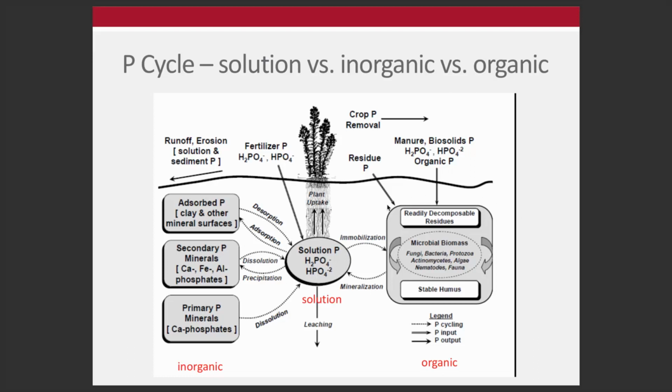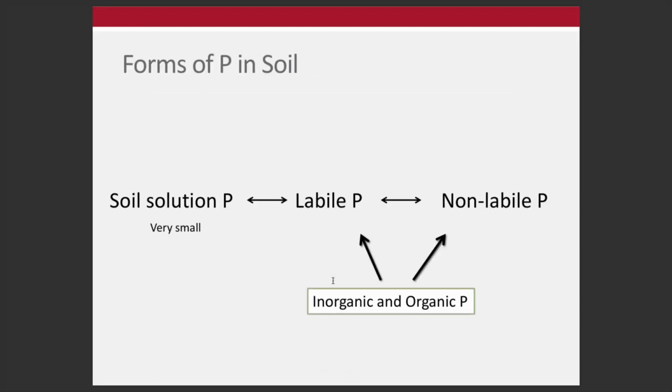So back to our phosphorus cycle, our inorganic fraction here, our solution, and organic. And we're going to start by talking about the solution phosphorus next. Solution phosphorus is a very small fraction of the total phosphorus. And we have labile or available P and then non-labile or not available P. Both the labile and the non-labile represent both inorganic and organic forms of phosphorus.